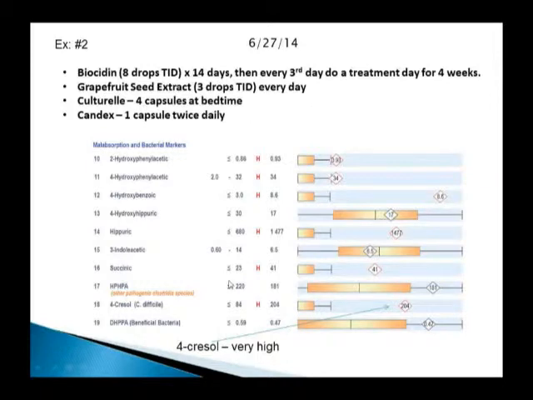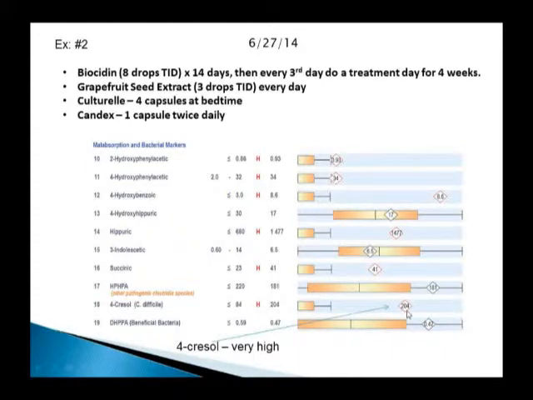Well, what about 4-cresol, okay? So this is example 2. In this particular case, I used the drops of Biocidin. Same thing, 14 days, then every third day, do a treatment day for 4 weeks, did a little bit of grapefruit seed extract, some Culturelle, okay, and the parent was doing some Candex, so that's fine. By the way, notice the level of other bacteria here, these bacterial markers.